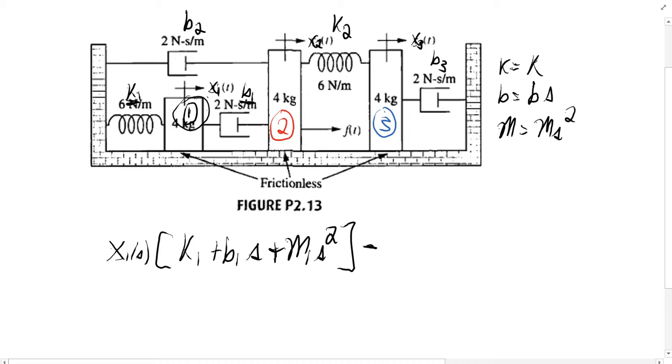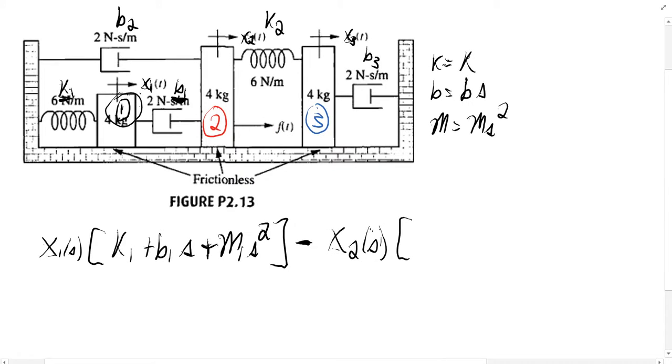Now we're gonna subtract X2 of S and see what components are being shared by the first mass and the second mass, which in this case is gonna be this damper. So we just write B1 of S, and we're essentially done.